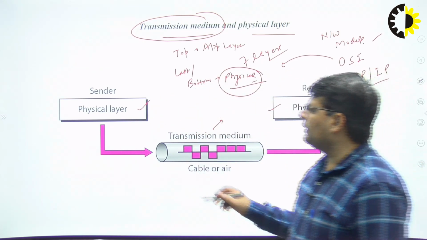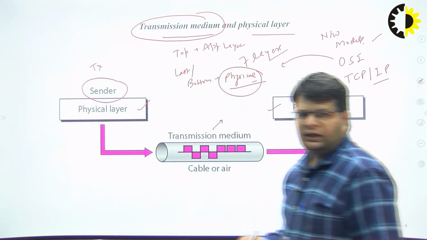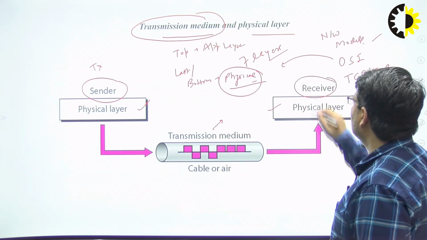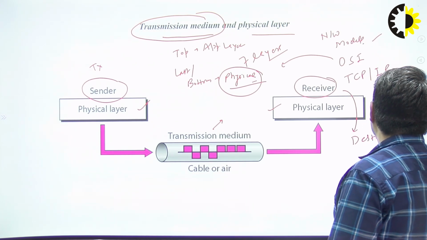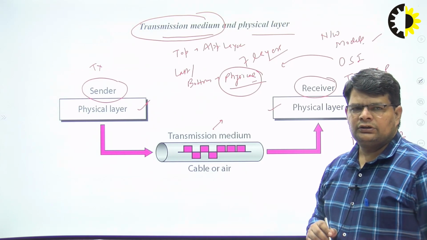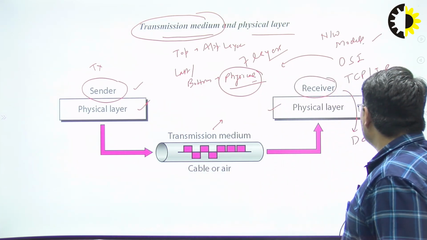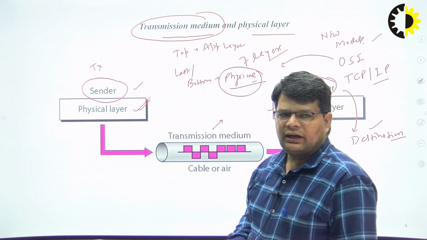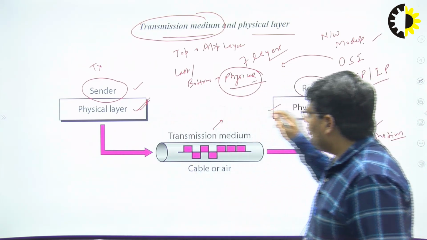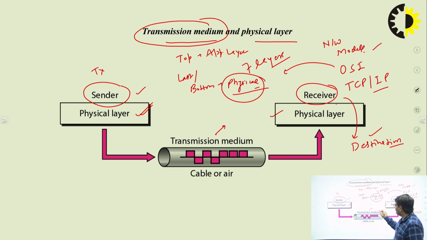So here we have a sender, or we can say this side is the transmitter side, and then we have the receiver side, or we can say this is the destination. The information is conveyed from the transmitter side or sender side to the receiver side at the physical layer level, and for sharing of information, it is necessary that the transmitter part must be connected with the receiver part by using some kind of transmission media.